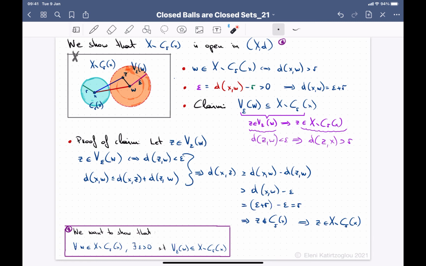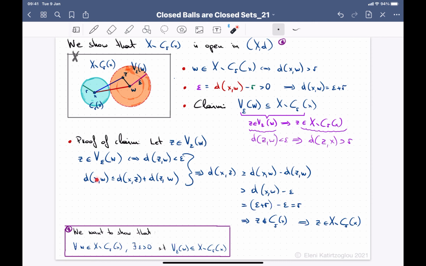Okay, so the triangle inequality satisfied by the distance function, the metric function d, says that this distance is less than or equal to this distance plus this distance. Now we have an inequality involving 3 quantities.